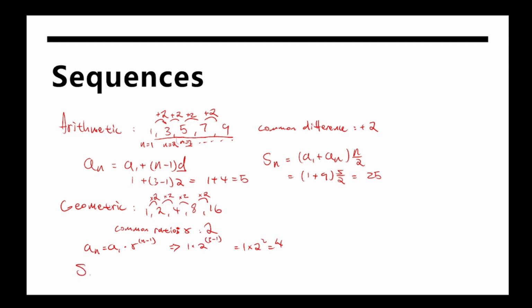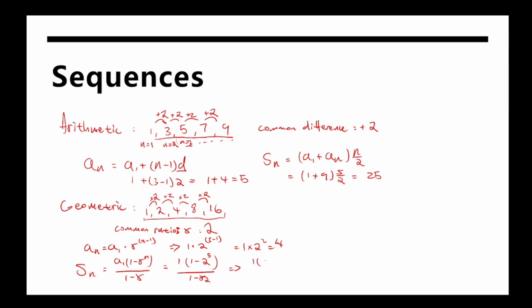Now if you want the sum of the first n terms of a geometric sequence, the formula is a1 times (1 minus r to the power of n) over (1 minus r). We can validate this by examining it with the first 5 terms. a1 is 1, 1 minus common ratio r, 2, to the power of n, which is 5, over 1 minus r, which is 1 minus 2.